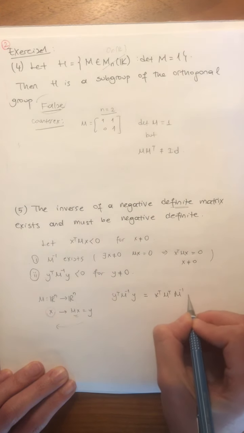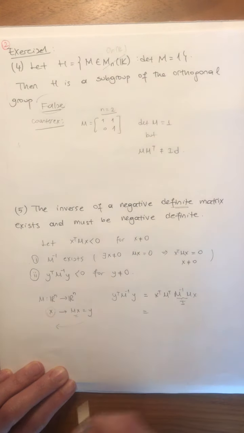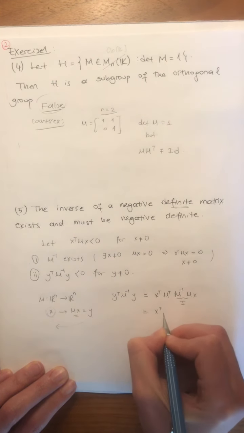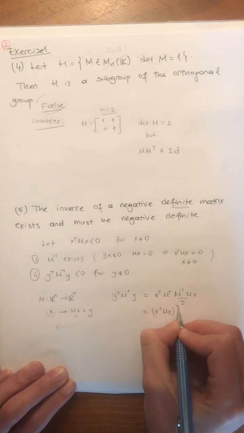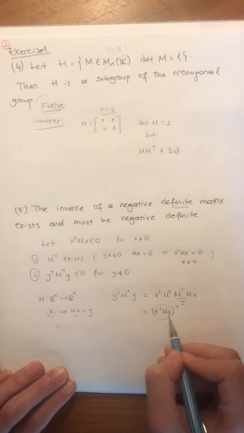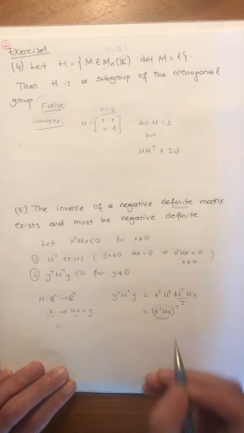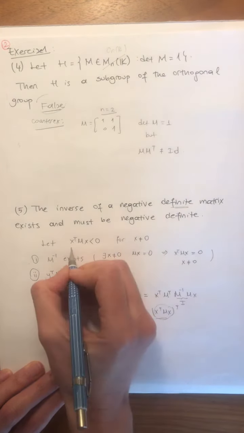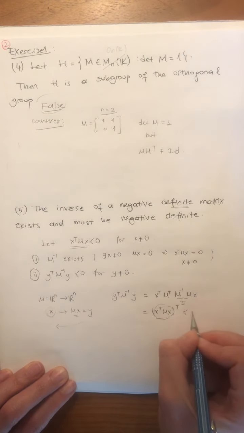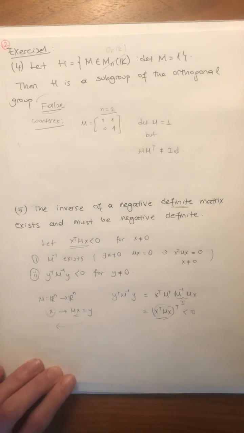Transpose M inverse and M of x. So this is going to be identity, and x transpose M of x. This is a real number, so the transpose of this real number is going to be itself. And by the assumption, we know that this is negative, and this completes the proof.